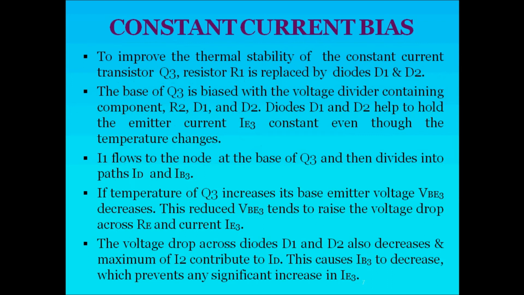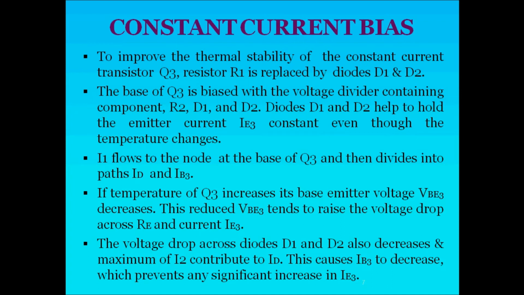So now we have seen the resistive constant current bias circuit, but to improve the thermal stability of the constant current transistor Q3, resistor R1 is replaced by diodes D1 and D2, and the base of Q3 is biased with the voltage divider containing components R2, D1 and D2.